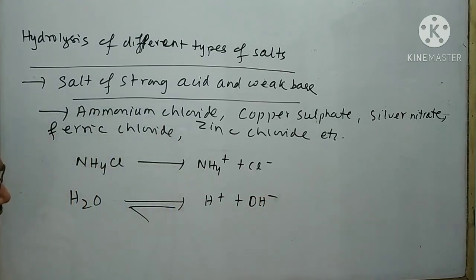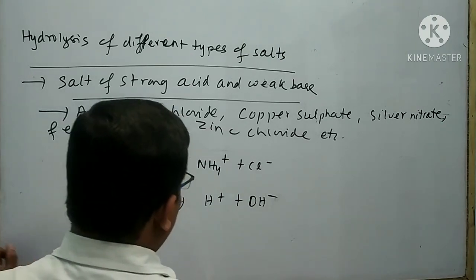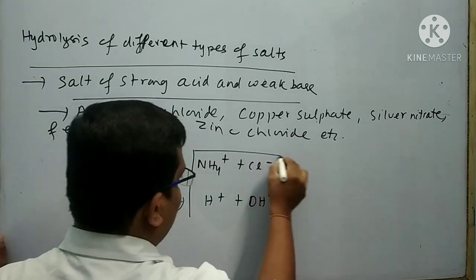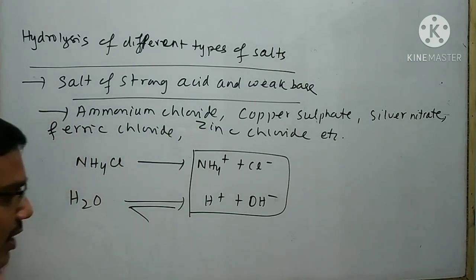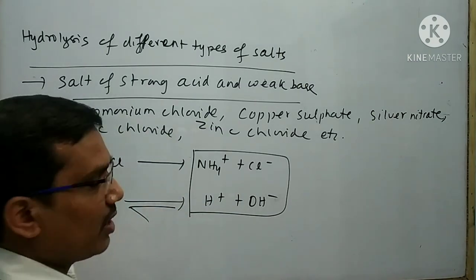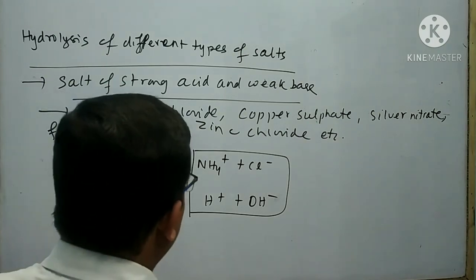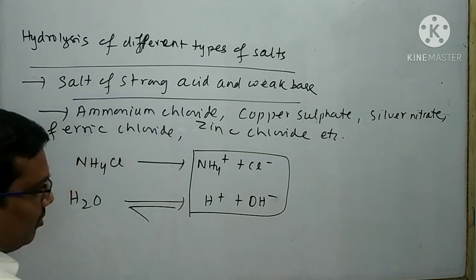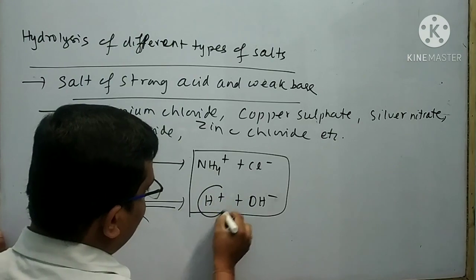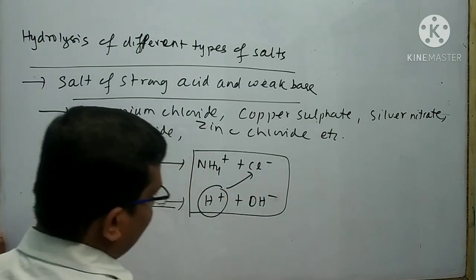This is a reversible reaction. Finally, in the solution, these ions are present. We know that hydrolysis means interaction of the ions of the salt with the opposite ions of the water. So here H plus ion interacts with the Cl minus ion.